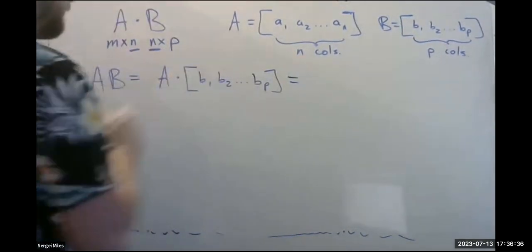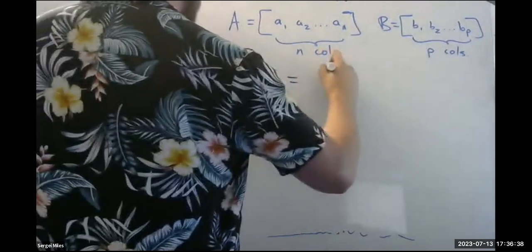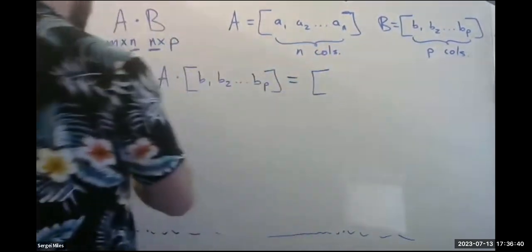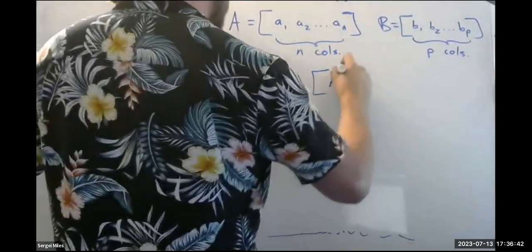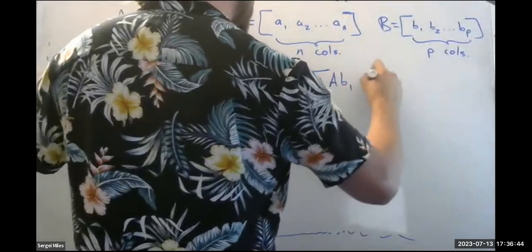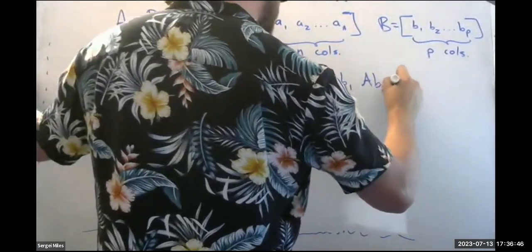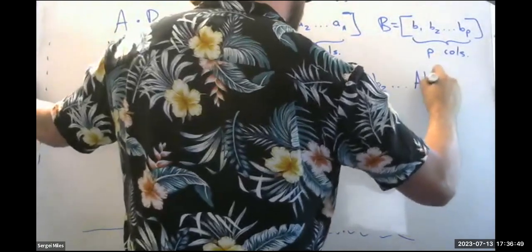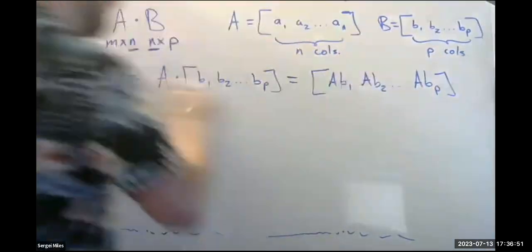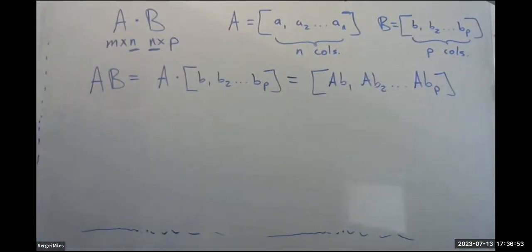If I distribute this matrix A, then my new matrix will be A times B1, A times B2, dot, dot, dot, A times BP. Now I'm writing it out this way just to give an explanation for how we can get our answer.